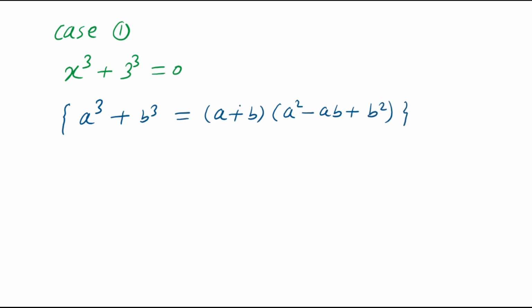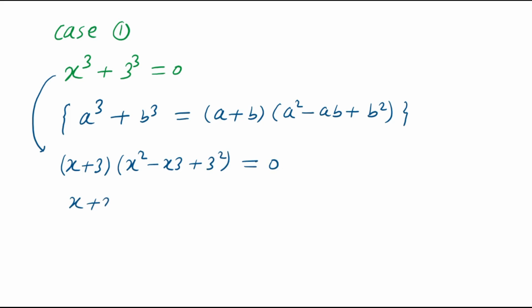If we apply this rule on the left hand side, then this is the same as (x + 3) multiplied by (x^2 - x times 3 + 3^2), and this equals 0. Here (x + 3) multiplied by (x^2 - 3x + 9), since 3^2 is 9, and this equals 0.